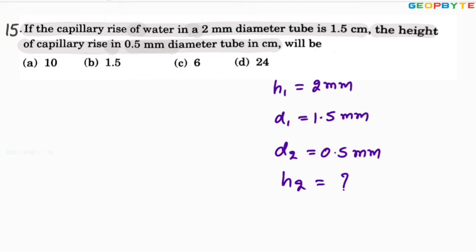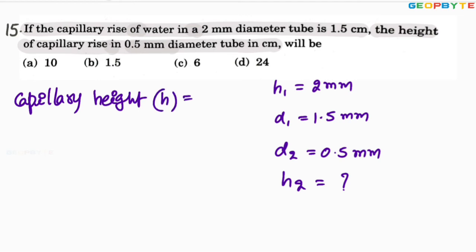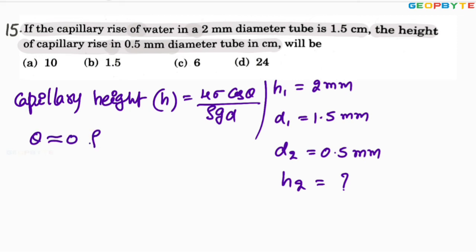That is the problem. You know, capillary height H equal to 4 sigma cos theta by rho g D. Here theta depends on the type of fluid; theta is approximately 0 for water.